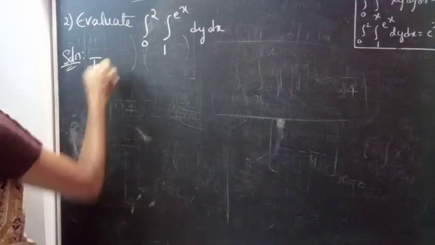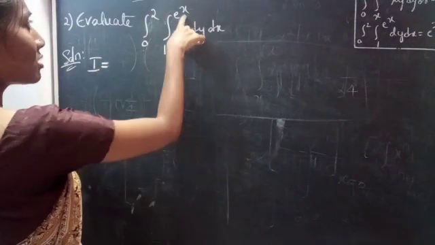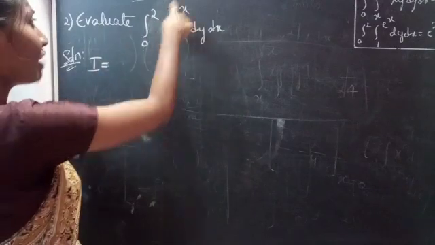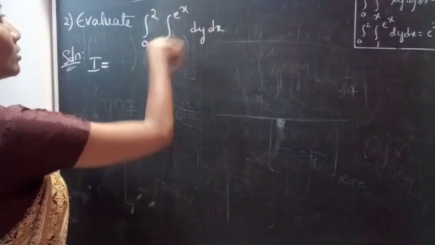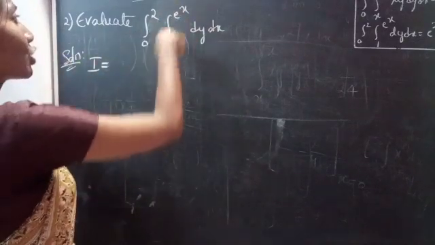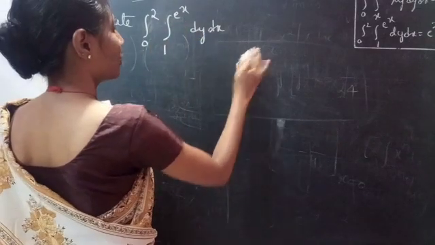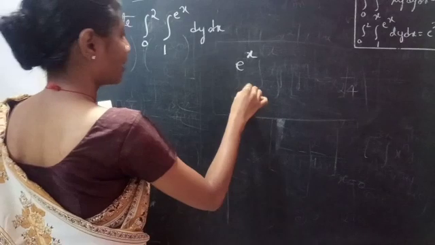I equals, limits must be variable limits, e power x. So this is a function of x, which is y2 equals f2 of x, and 1.